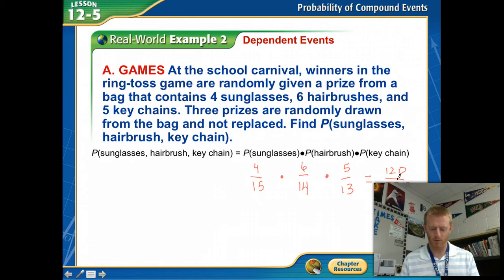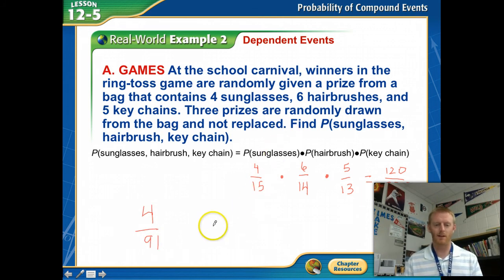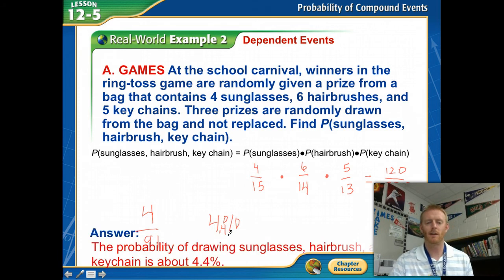And if I simplify those things, just type it in the calculator, I get 4 out of 91, and 4 out of 91 is the same thing as 4.4%, which will be the same exact stuff.